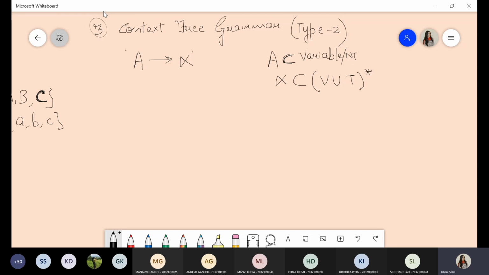And alpha, which is on the right hand side, could be anything, a variable, a terminal, or anything. So you just write these two things. That would be enough. Instead of writing it in words, you can write these two statements.